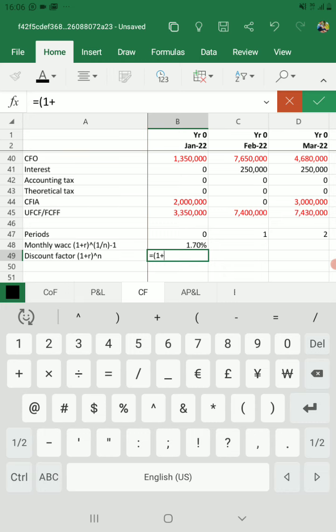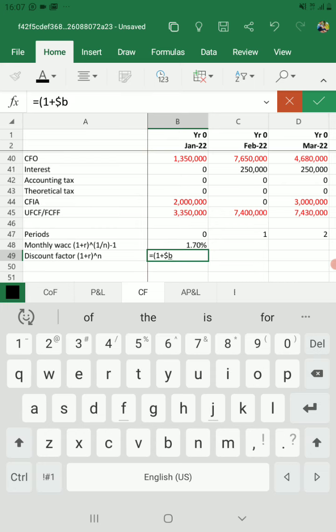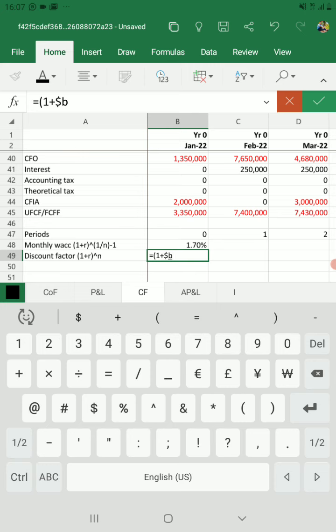R is this one, but because I want to use the same R when I drag this formula, so I need to lock this B48 cell which contains the monthly rate. So I start with $, and then click on B, and then $, again, and then click on 48 to lock it.